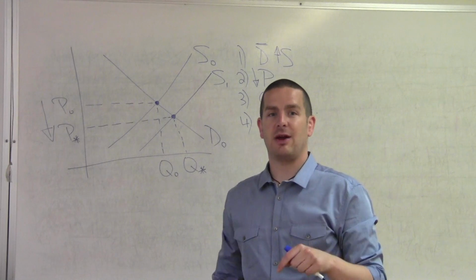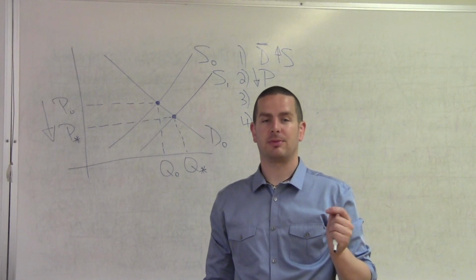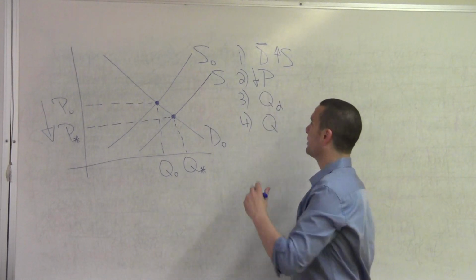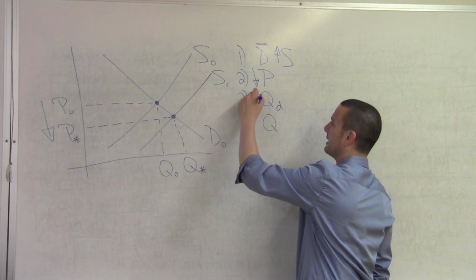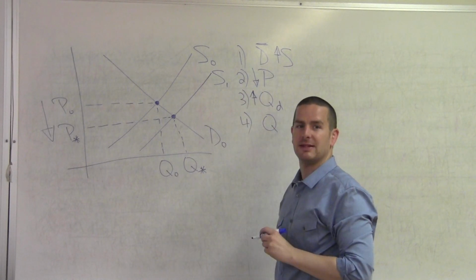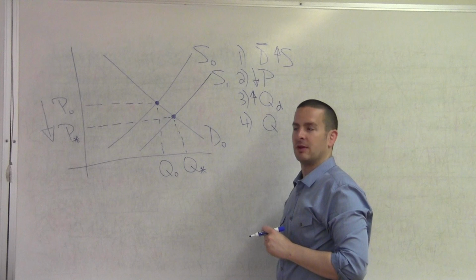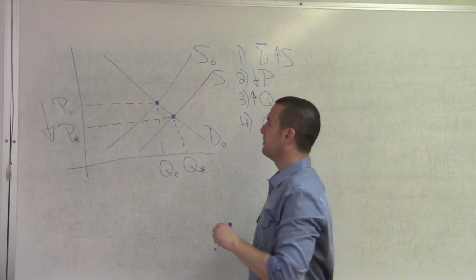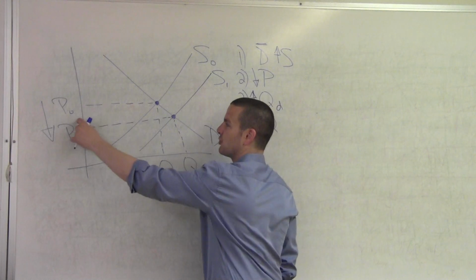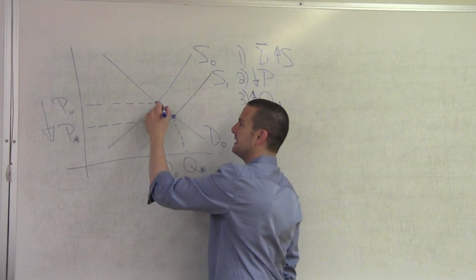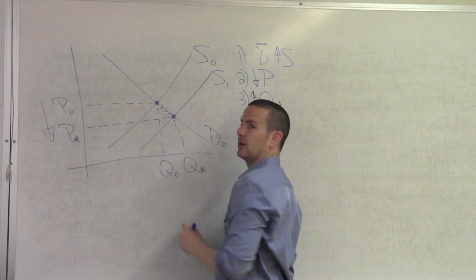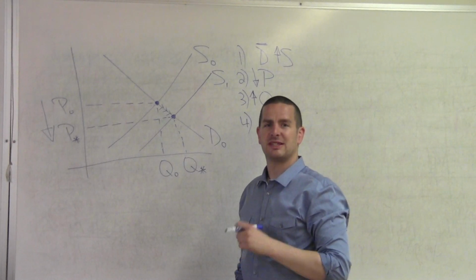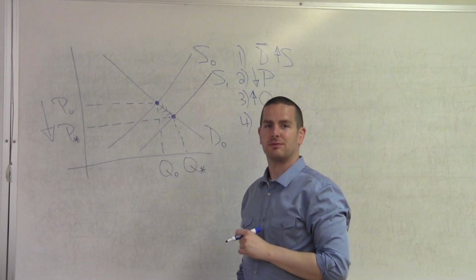If prices go down, quantity demanded goes up. So, we can write an arrow right there for quantity demanded. We can make an arrow going up for quantity demanded, because when prices dropped, we slid down our demand curve.